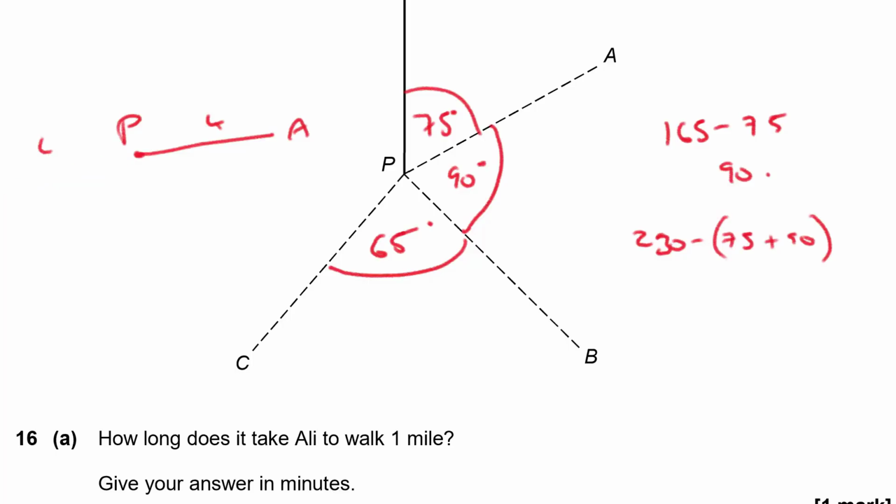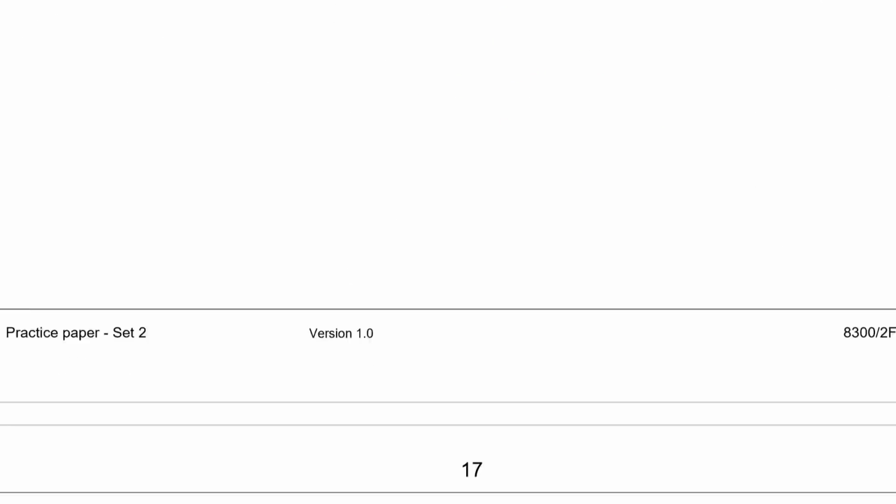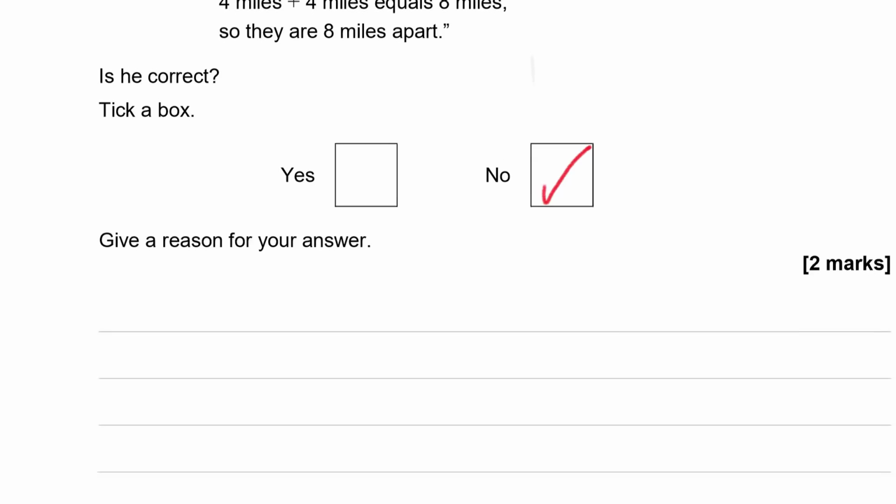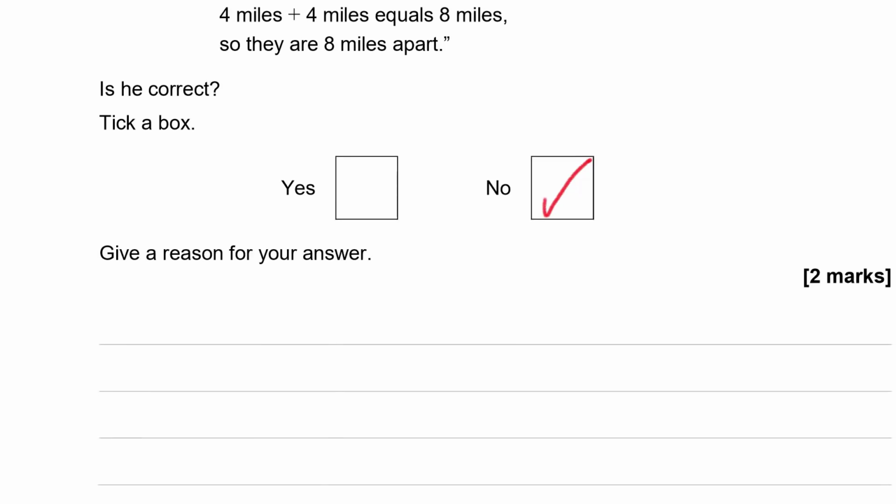Actually, what happens is something more like this. So then the distance between them is going to be less than the two 4s added together. The reason for that is they are not walking in opposite directions.